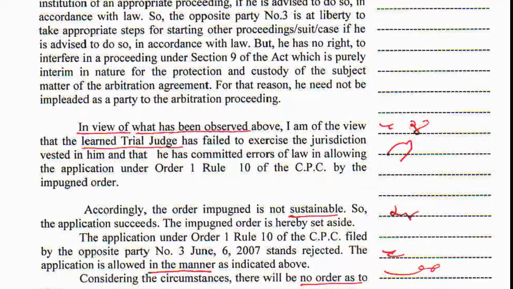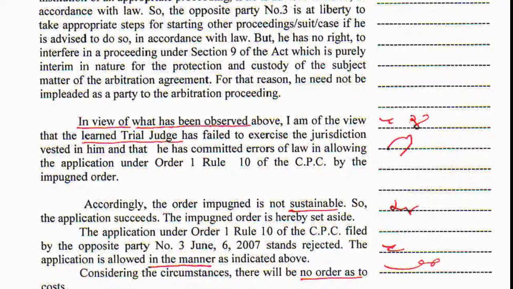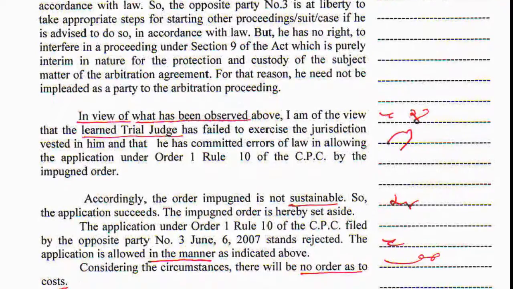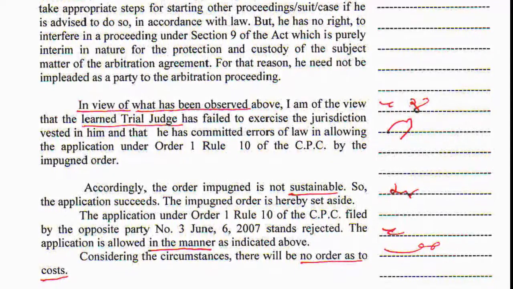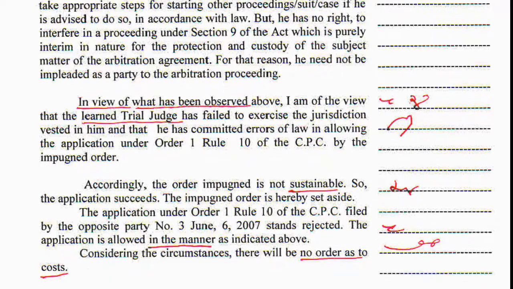The impugned order is hereby set aside, and the application under Order 1, Rule 10 of the CPC filed by the opposite party number 3, June 6, 2007 stands rejected. The application is allowed in the manner as indicated above. Considering the circumstances, there will be no order as to costs.